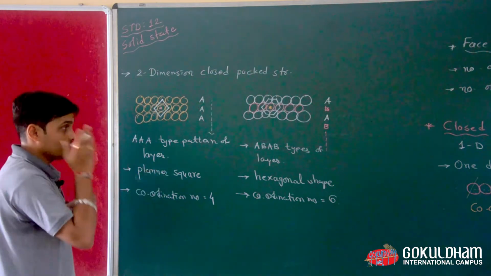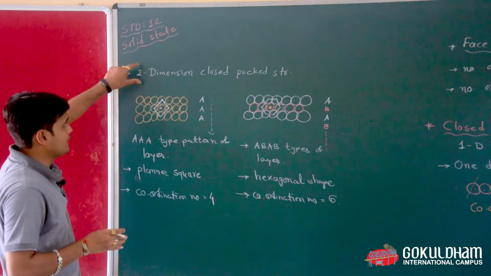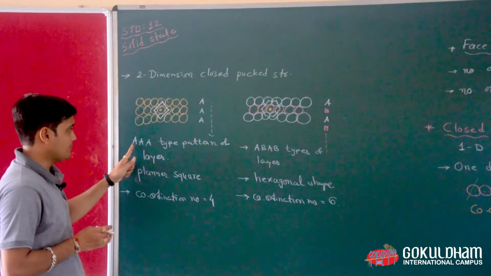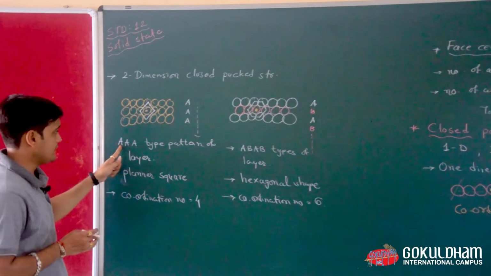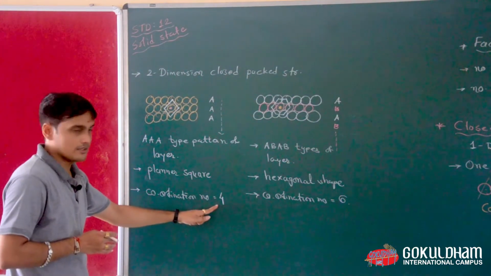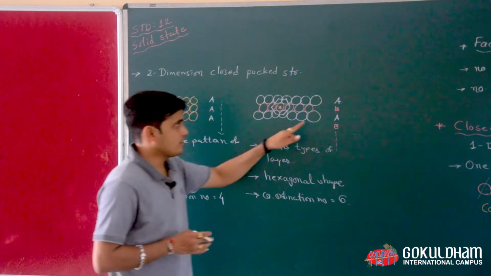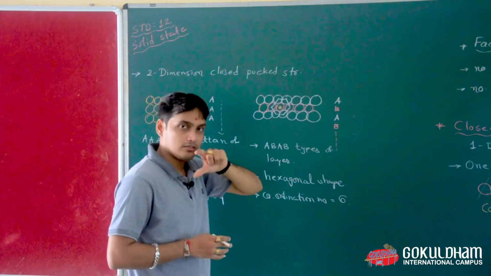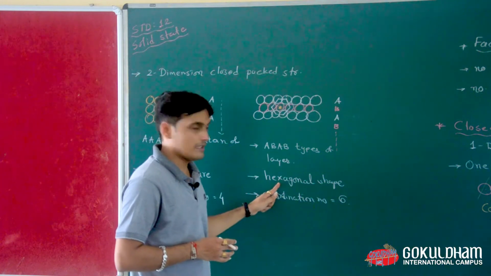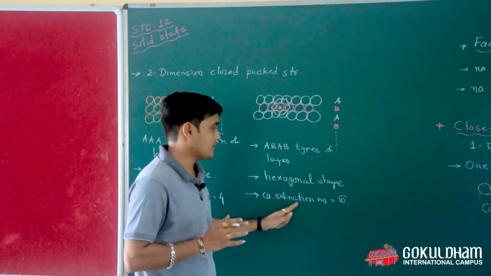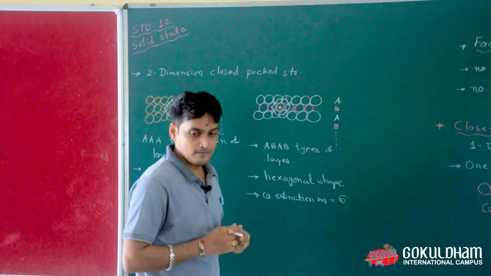These both cases are in the same category of two dimension close packed structure. When the type of pattern is AAA, then your shape is square and the coordination number is 4. And when your type of layer is AB type, then the structure you get is a hexagonal shape and the coordination number of this hexagonal shape is taken as 6.